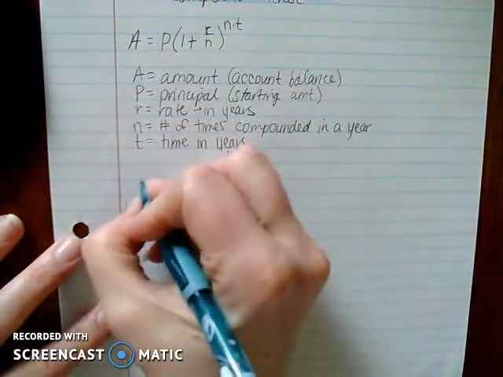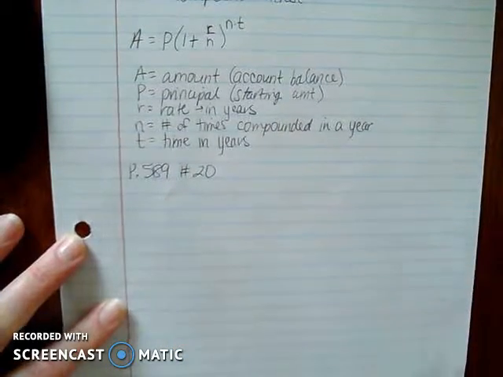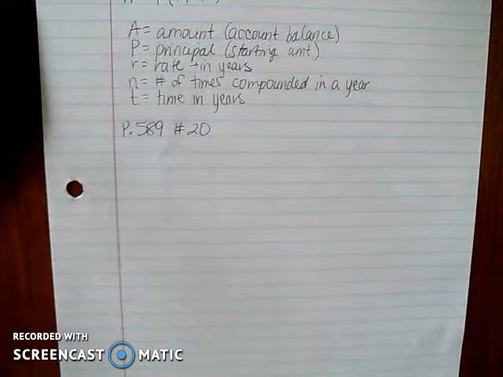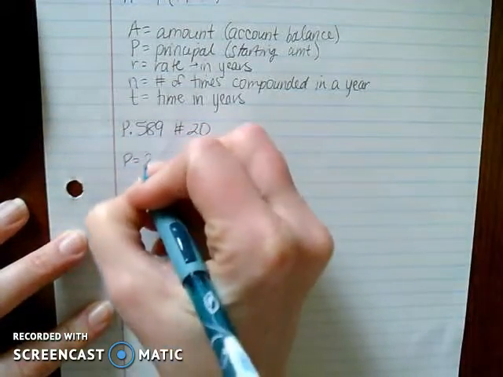All right, so we're going to look at page 589, number 20. Okay, so winning $2,500, so your principal is going to be $2,500.